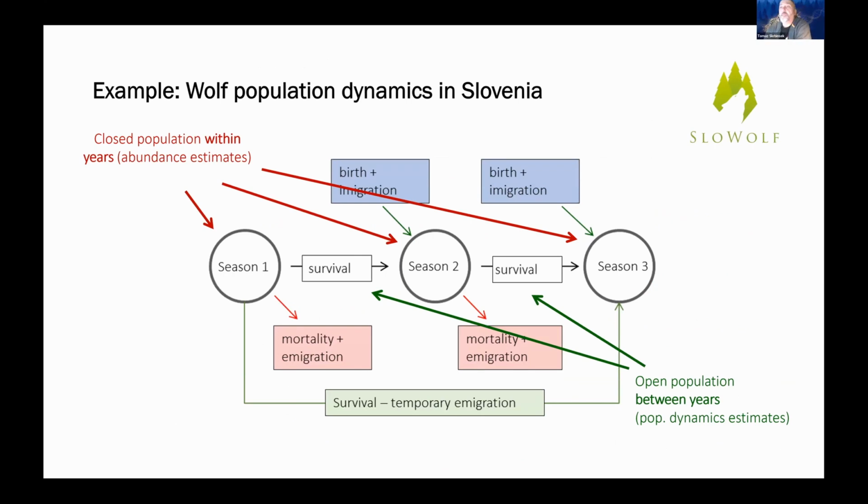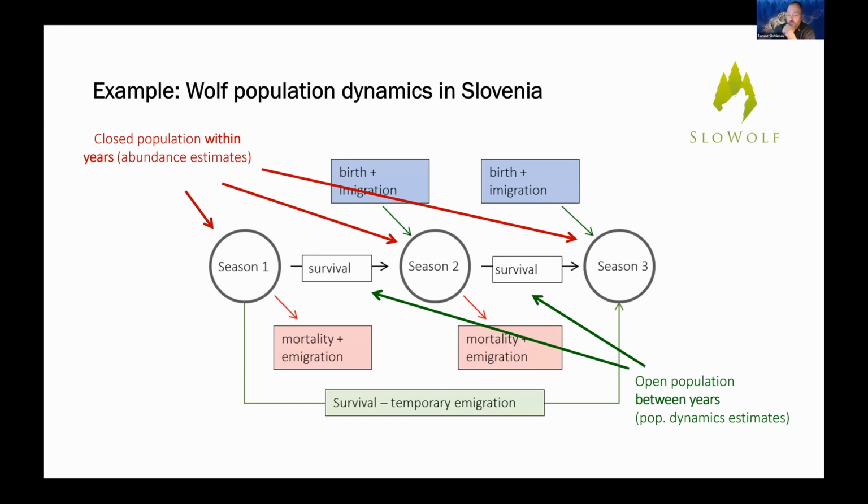Now, the next example is from wolf monitoring in Slovenia. This study was designed from the ground up as long-term monitoring, where we estimate population size in each yearly session and estimate population dynamics between sessions. So it's a bit different than what we did with bears. Now, of course, we cannot disentangle mortality and emigration.